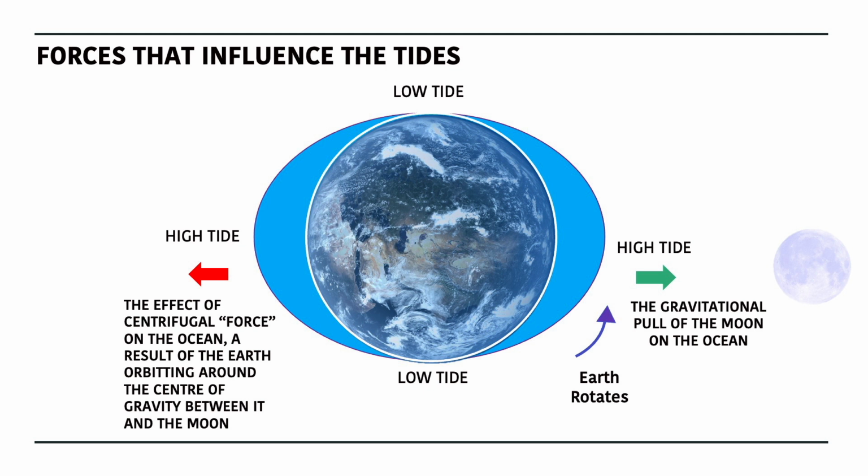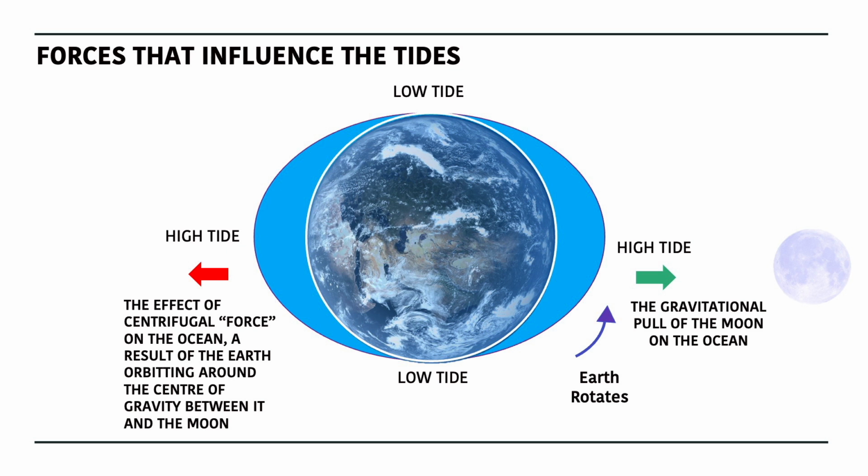Now, you may be asking, why is there a high tide on the opposite side of the Earth in relation to the Moon? Well, this is because it's an effect created by the centrifugal force, which is actually not a proper force, but it's an effect which is caused by the Earth orbiting around the centre of gravity between it and the Moon.